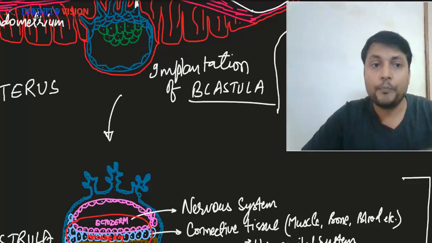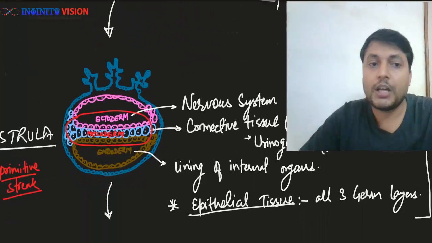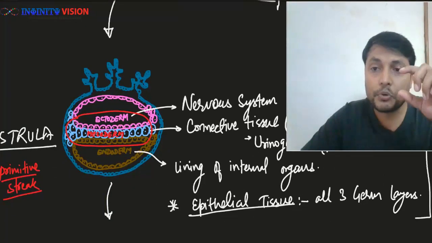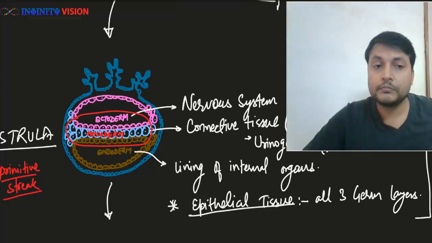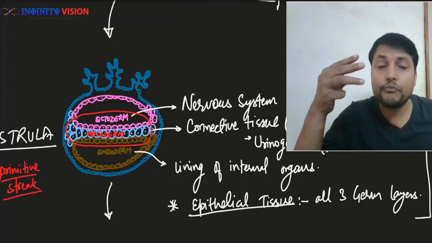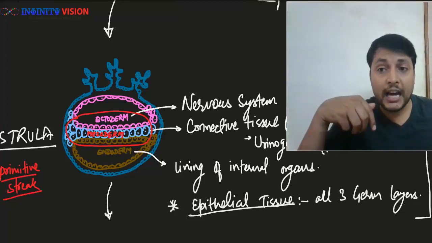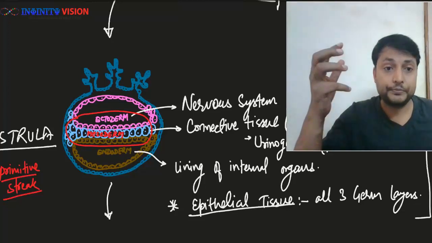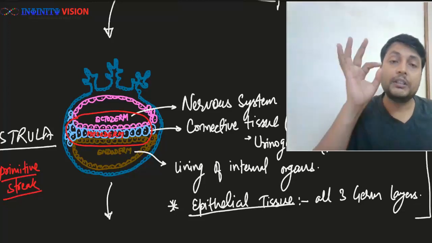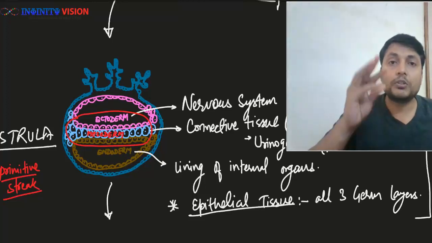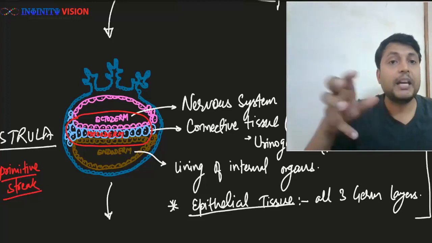Great. Now when gastrulation occurs, these stem cells, these totipotent cells, differentiate into these three: ecto, meso and endoderm, and when they differentiate, now they are determined to form a particular type of tissue. As in, the ectoderm is determined to form certain types of tissues only, so does the mesoderm and the endoderm.